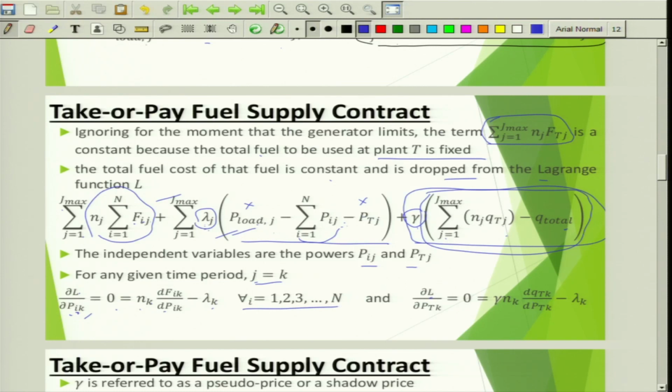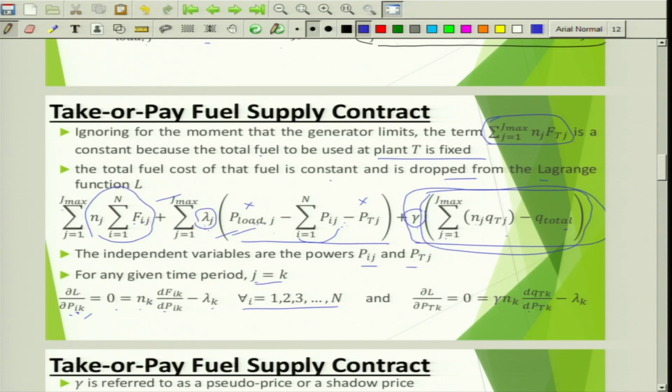Now you differentiate this Lagrangian function with respect to Ptk. The gamma factor will be there here: gamma into Nk, because j is equal to k now, gamma into Nk Qtk, replacing j with k, dQtk by dPtk.